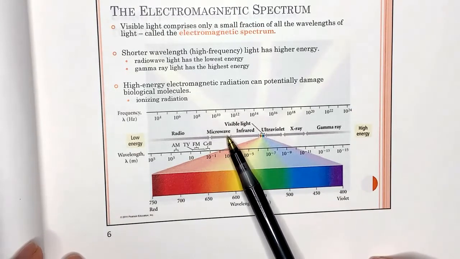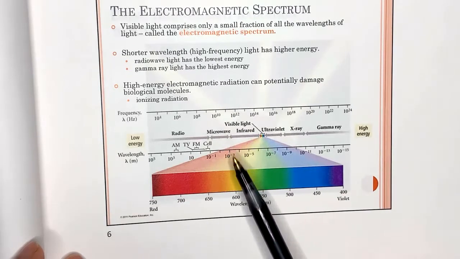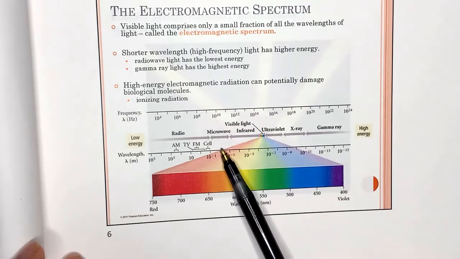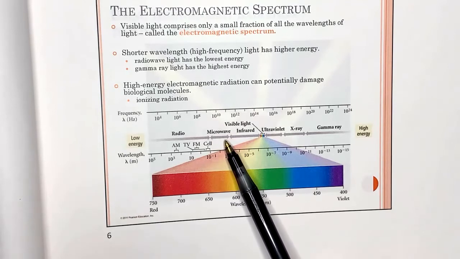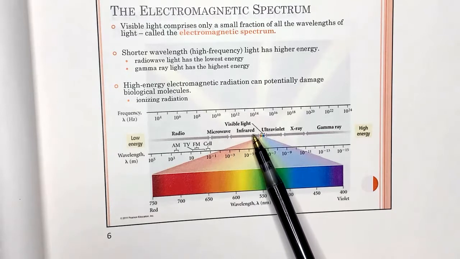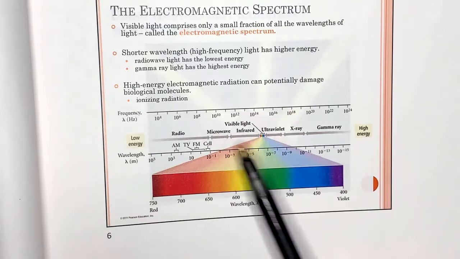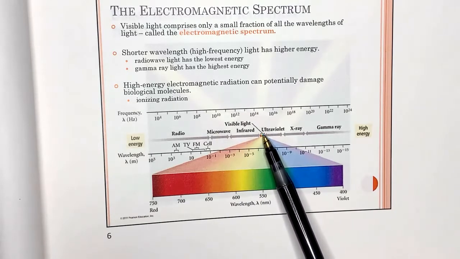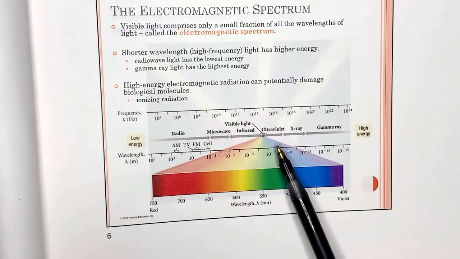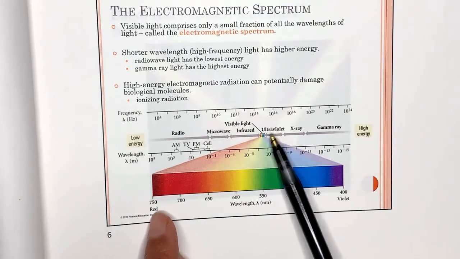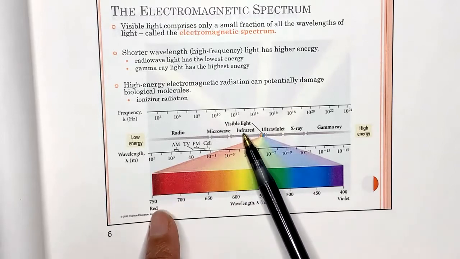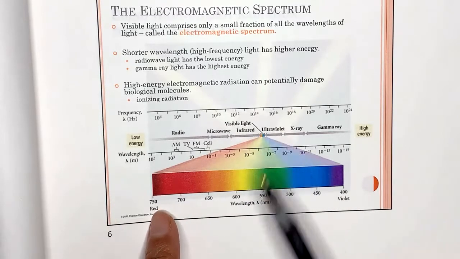Microwaves are even smaller. Because the wavelengths are getting smaller, the energy is getting a little higher, but it's still weak in comparison. And then we have infrared, which is slightly stronger than microwave. Then visible light is slightly stronger than infrared. To remember infrared and ultraviolet: red is next to infrared, violet is next to ultraviolet.